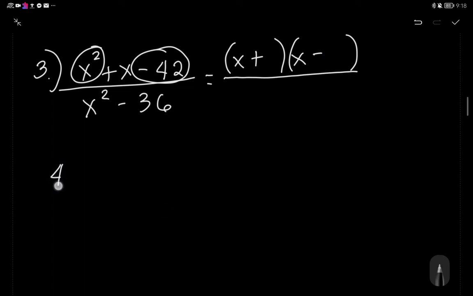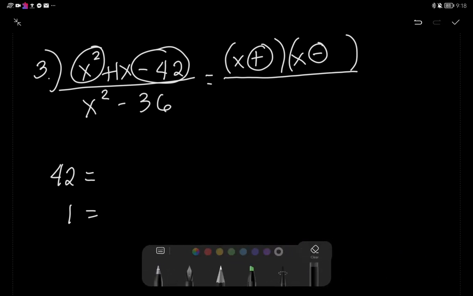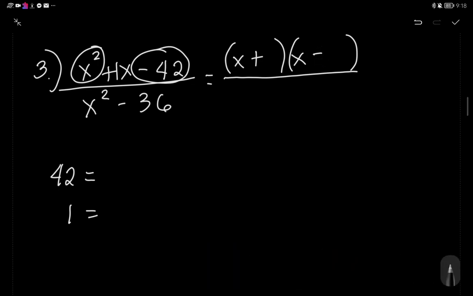Now, we are going to look for factors of 42 that when we subtract, the answer is 1, since 1 is the coefficient of x. Why subtract? Because the signs in our factors are different. Plus and minus. Positive and negative. Okay. Now let's continue.